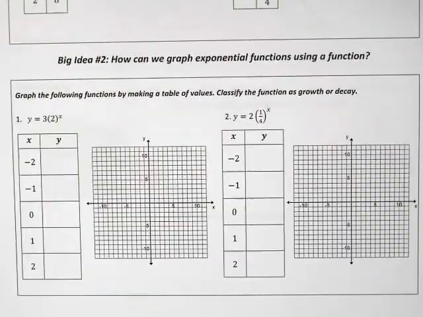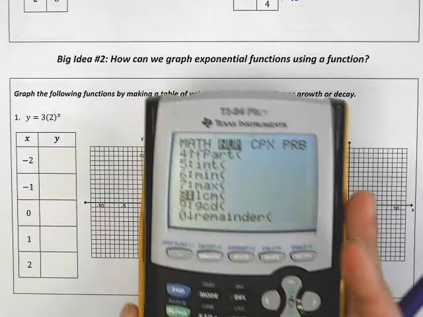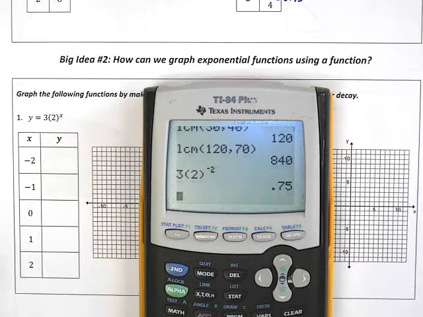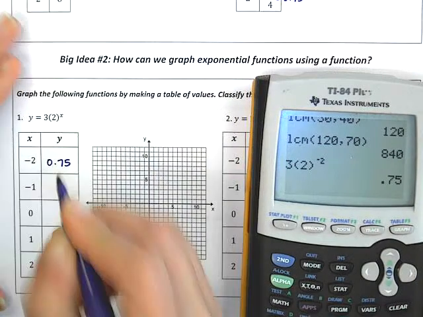So what we're going to do is fill in these tables using our calculator and making some calculations and then graph those values. So on my calculator, if I plug in 3 parentheses 2 to the -2 power, I get 0.75. I'm literally just typing this in.